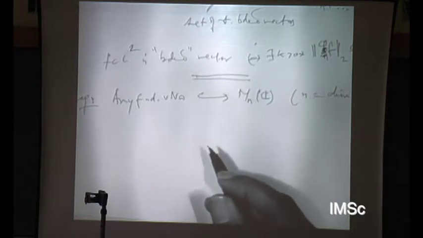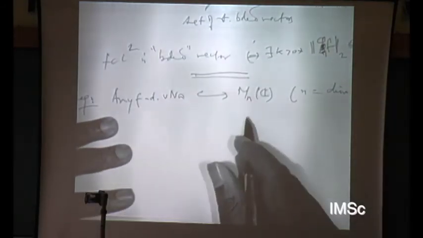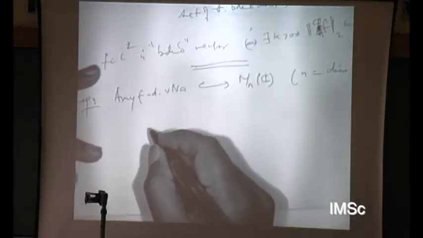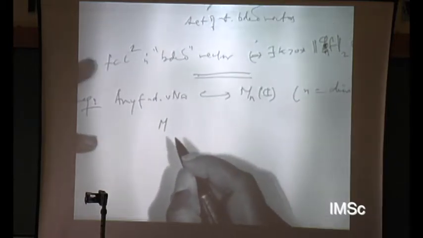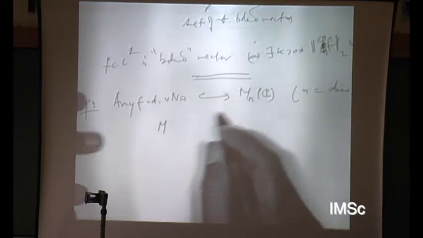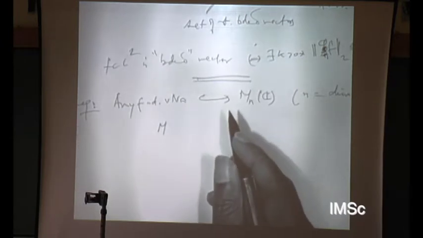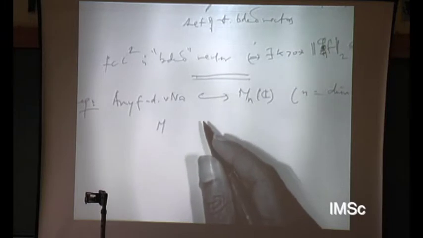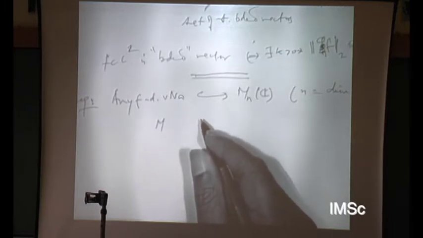This is the trace of a matrix. Yeah, that's what I'm saying. If you take any finite dimensional von Neumann algebra M, how do I prove this? M is some subset of B(H), but that H could be infinite dimensional.